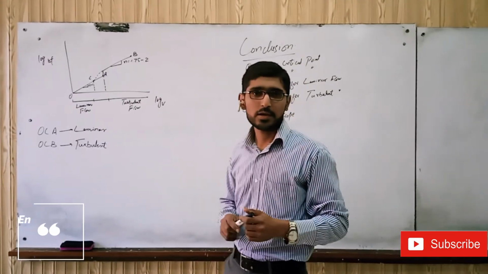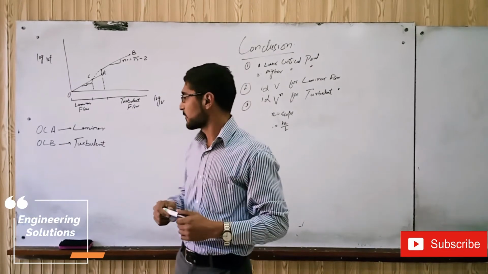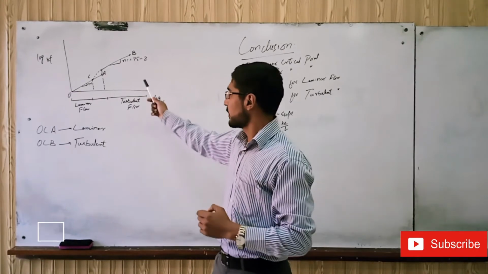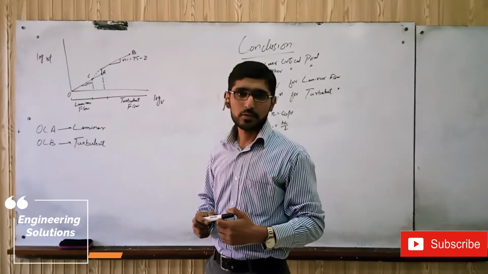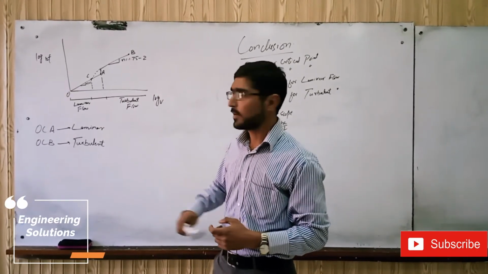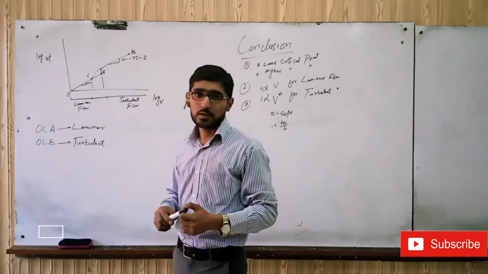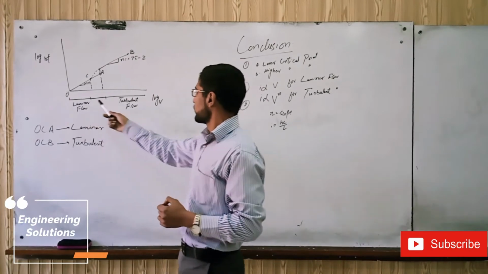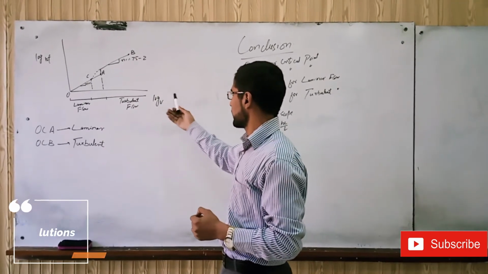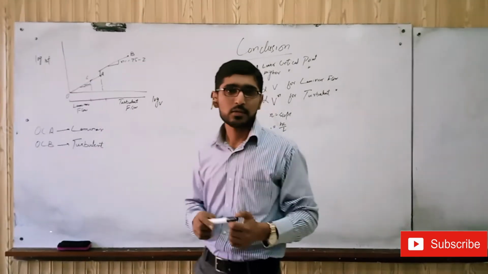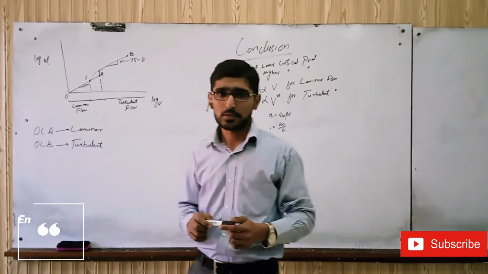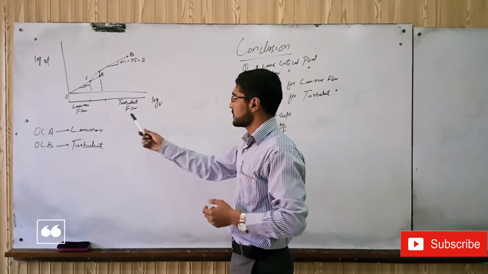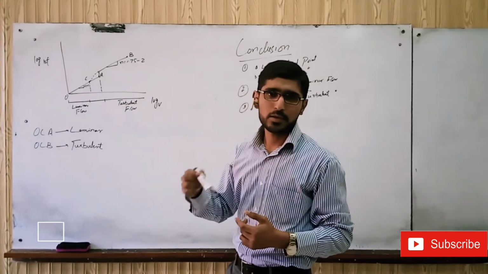This point is called the critical point. Correspondingly, the velocity at this point is called critical velocity, and the Reynolds number at this point A is called the critical Reynolds number. From point O, as we move along the x-axis, the velocity of the fluid is increasing, and as we move toward the origin, the velocity decreases.